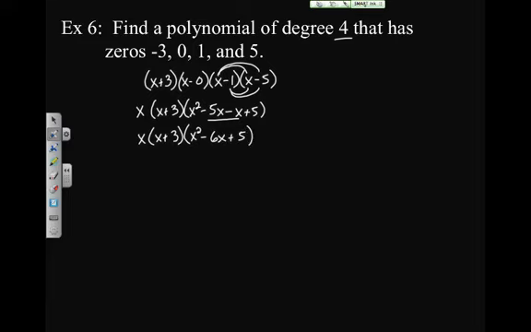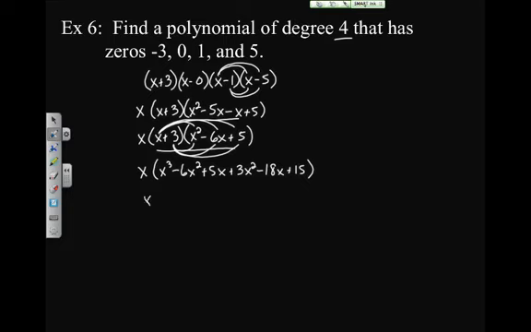Then we'll multiply these two. So x times x squared is x cubed. x times negative 6x is negative 6x squared. x times 5 is 5x. 3 times x squared is 3x squared. 3 times negative 6x is negative 18x. And 3 times 5 is 15.